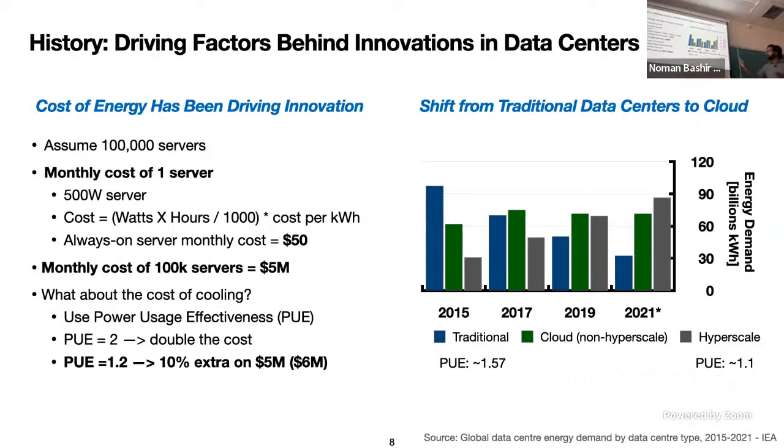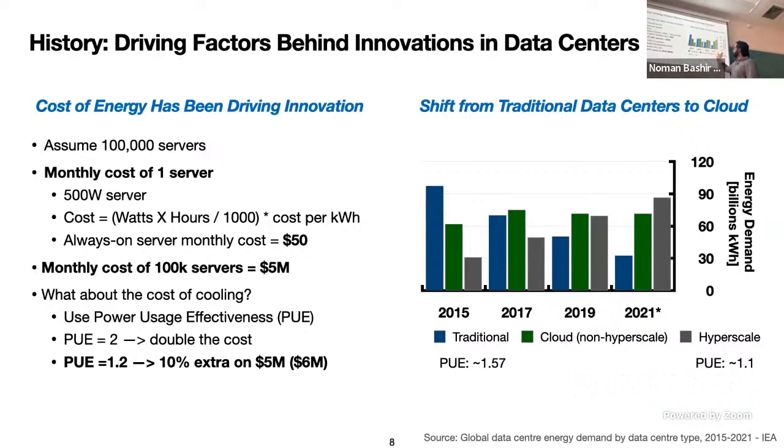As I said initially, public cloud platforms became available, and there has been a shift from traditional or non-hyperscale clouds towards more hyperscale clouds. These numbers show that initially the majority of the demand in 2015 or so was served by traditional data centers which had horrible PUE values.